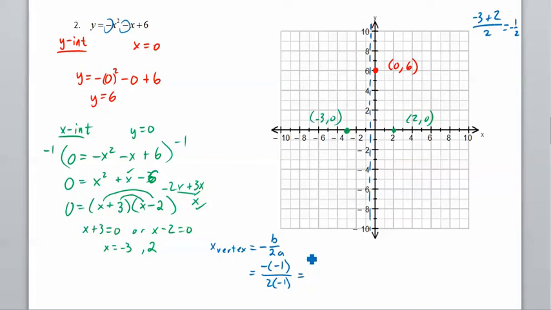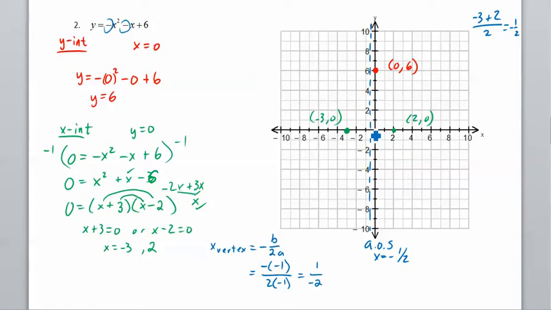All the rules stay the same. So negative negative 1 is a positive 1. 2 times negative 1 would be negative 2. And so at that point, we have negative 1/2, which is the same thing we had there. That is the x value of the vertex, which is also the axis of symmetry. So x equals negative 1/2 or negative 0.5, which is right there.